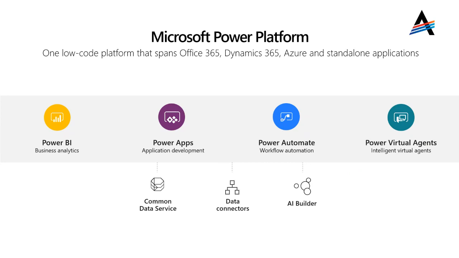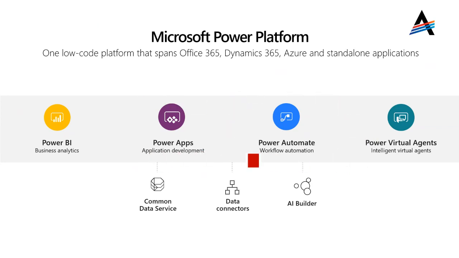So the Power Platform fundamentally is a low-code platform that spans Office 365, Dynamics 365 if you are a Dynamics 365 customer, and Azure and standalone applications. The four components of Power Platform consist of Power BI, which, if you were using some Power Query, is all part of Power BI in Excel. Then of course is Power Application, Power App, and then Power Automate.